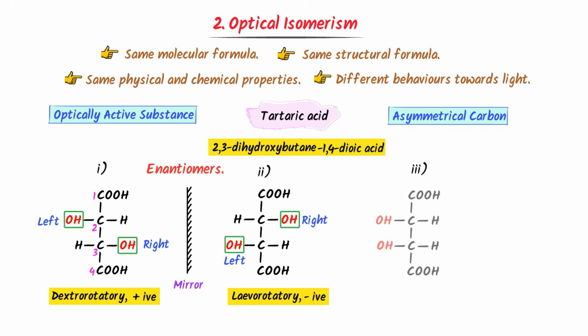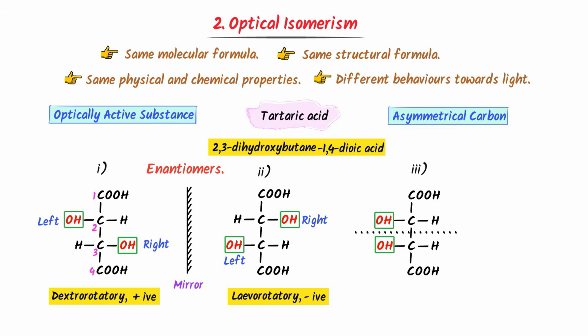The third isomer of tartaric acid is this one. Here, the OH groups are present on the same side. We can see that this carbon is asymmetric because different groups are attached to it, and similarly, this carbon is also asymmetric because different groups are attached to it. But wait a minute.